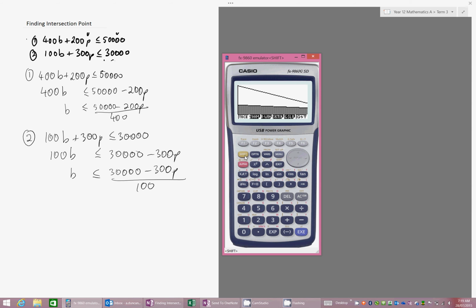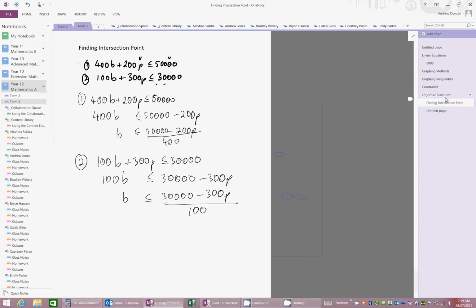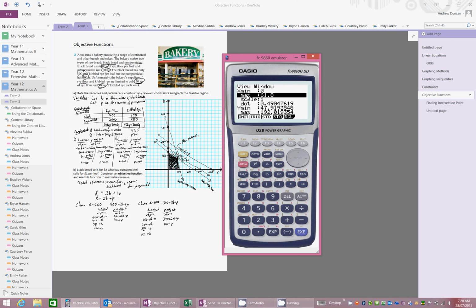But I should probably just go shift view window and set that manually, because I know what they should roughly be from my original graph. So the y-axis is from 0 to like 200, and the x-axis between 0 and 200, so I should get a good picture here, hopefully. Yep, there we go. So I want to find where that intersection point is.